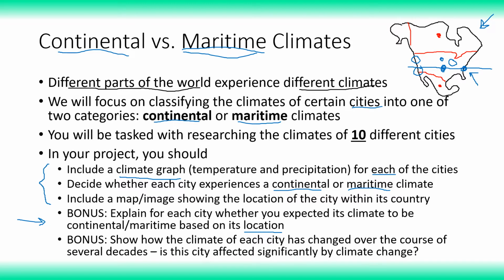Additionally, you can get bonus marks if you show how the climate of a city changes. I've said each city, but you'll get the bonus marks for each city that you do this for.